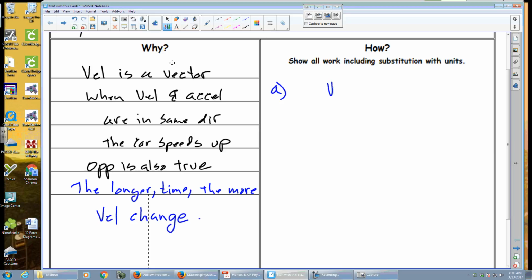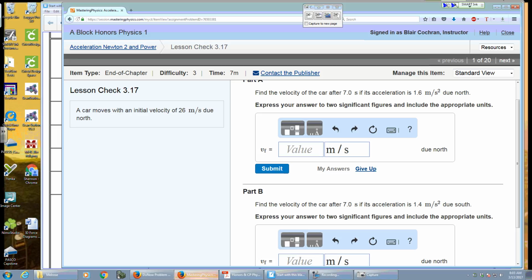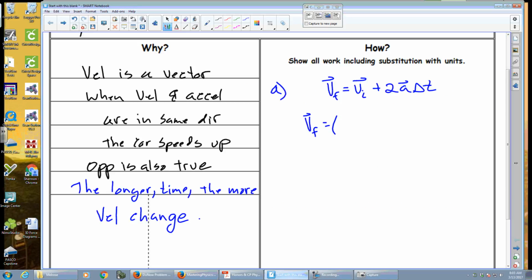So I'm going to use V final equals V initial plus A delta T. V final is what I'm looking for. V initial. Which direction do you guys want to call positive, north or south? North? Okay. So, positive 26 meters per second plus, where did that 2 come from?